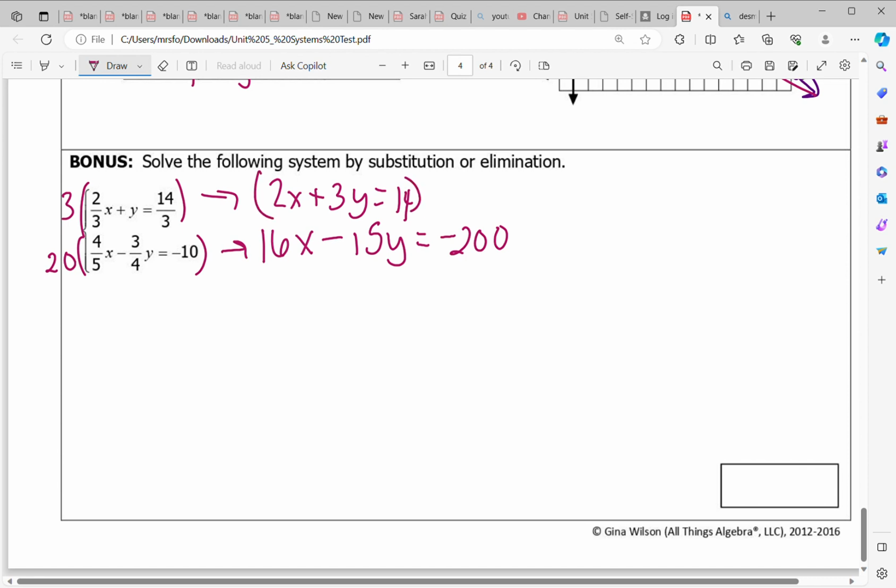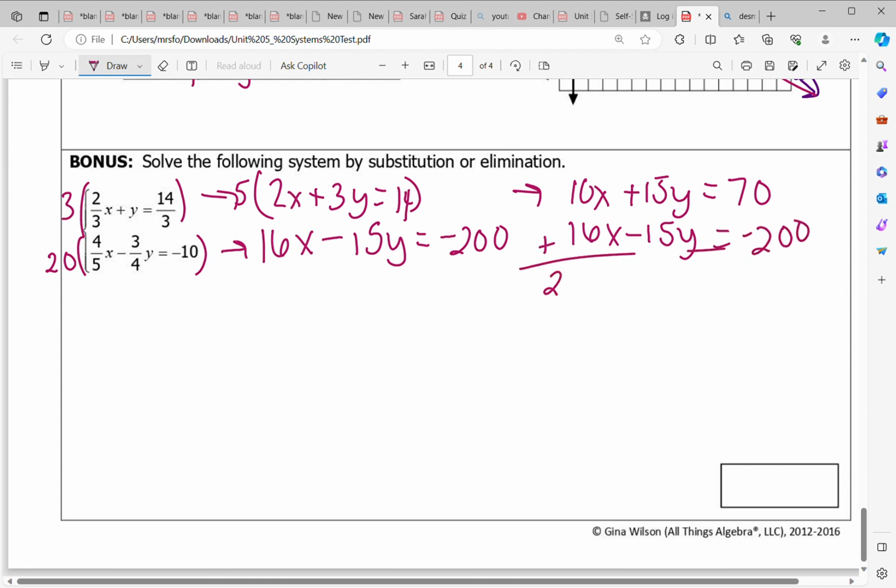So if I can get that 3 to be a 15, so multiply everything by 5, which would give me 10x plus 15y equals 70. And then bring down what we have. So now we can cancel out those y's. When we add, that gives me 26x, the y's cancel, and then 70 plus negative 200 is a negative 130.